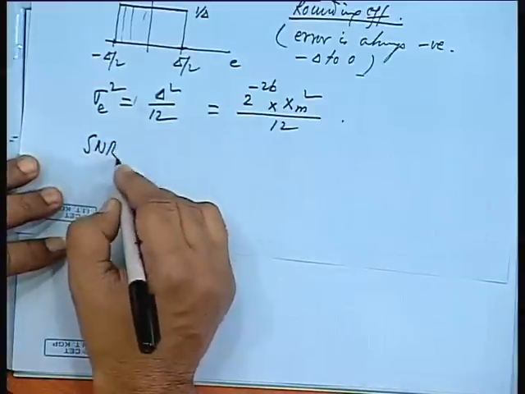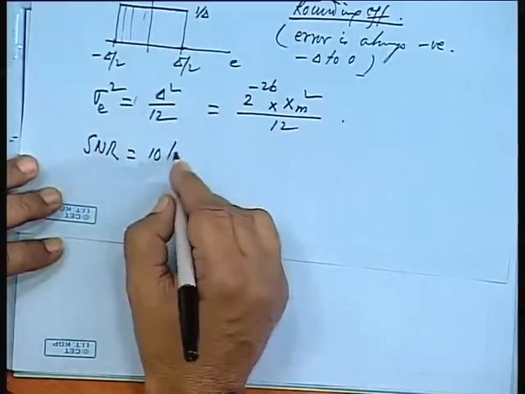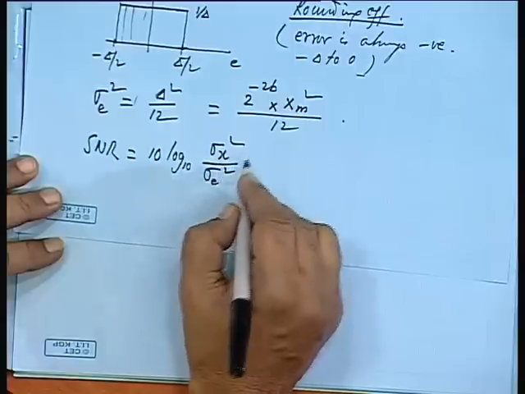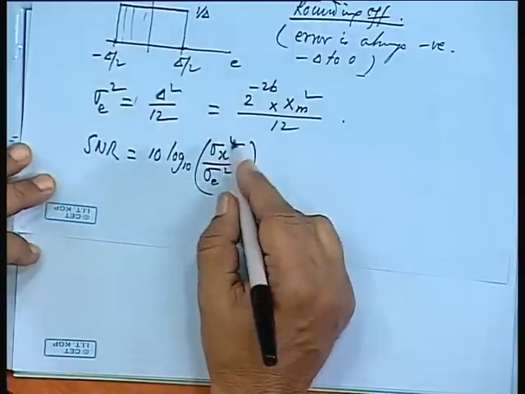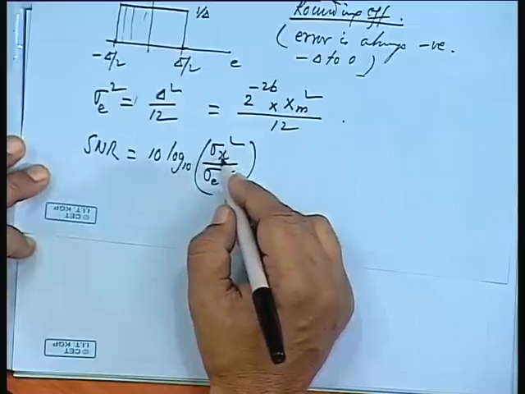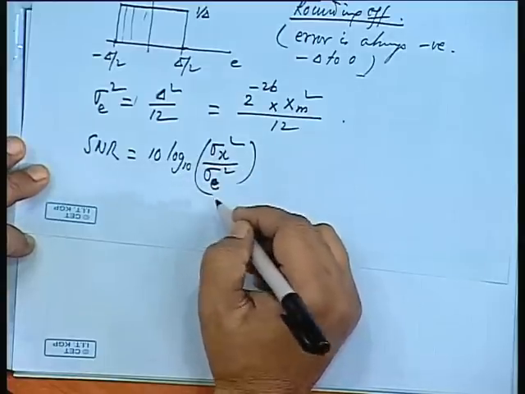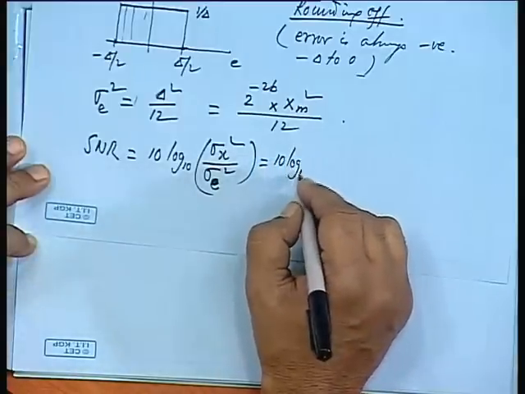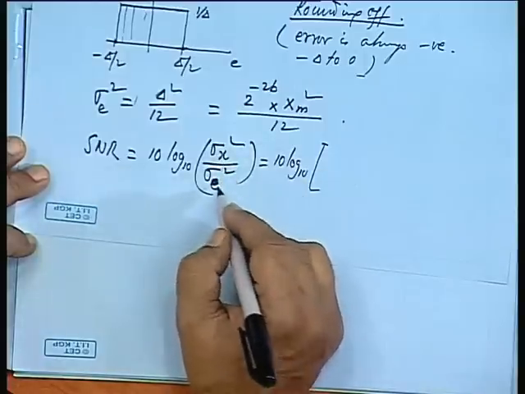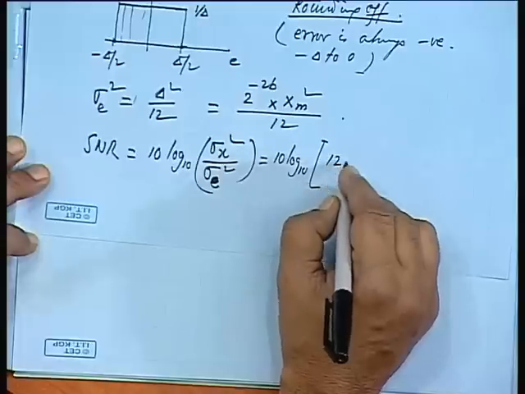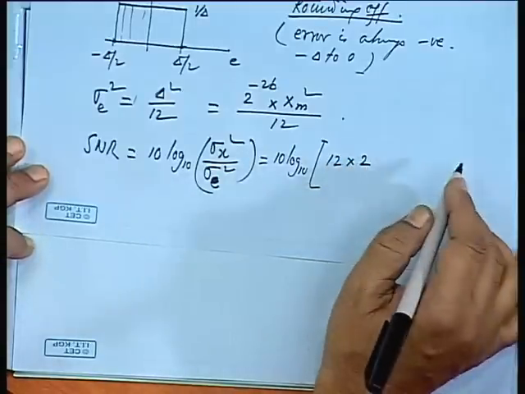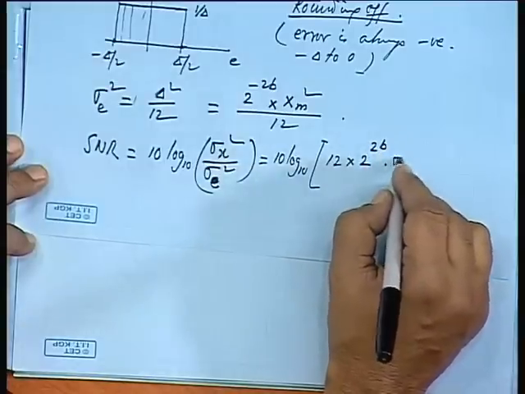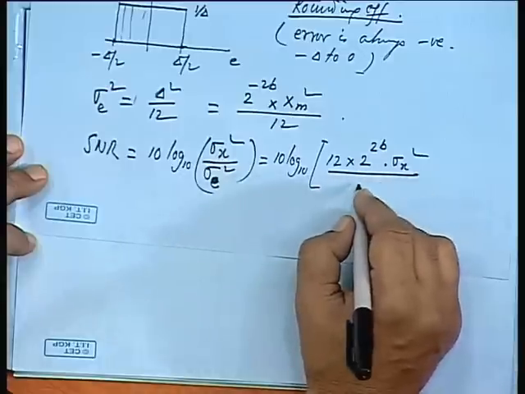So, signal to noise ratio SNR, which is defined as sigma x squared, variance of the signal, divided by variance of the error, is 10 log of, substituting for sigma e squared this quantity, 12 into 2 to the power 2b into sigma x squared divided by xm squared.